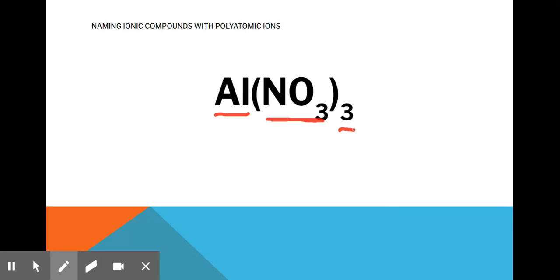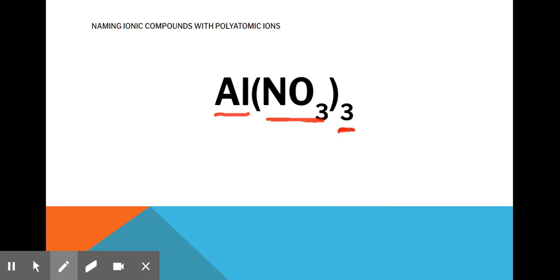This means that we've got an invisible 1 next to aluminum, so 1 atom of aluminum. And this 3 outside the parentheses means that there are 3 polyatomic ions of this one, NO3.